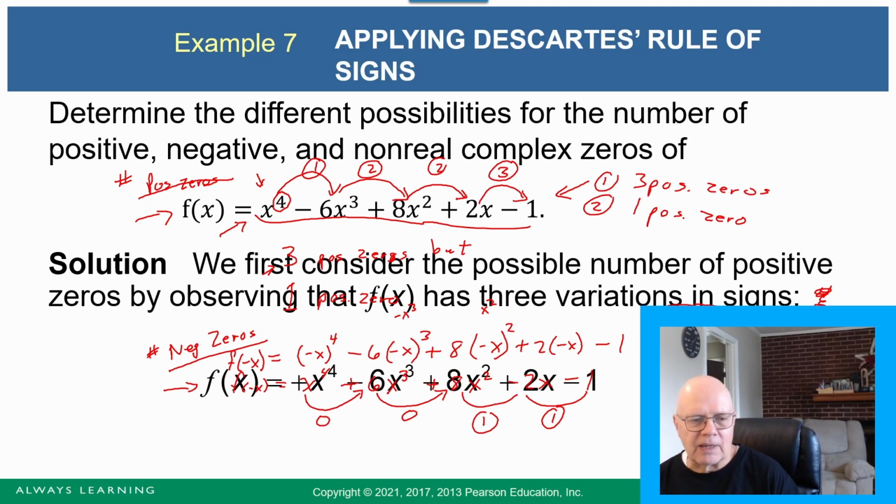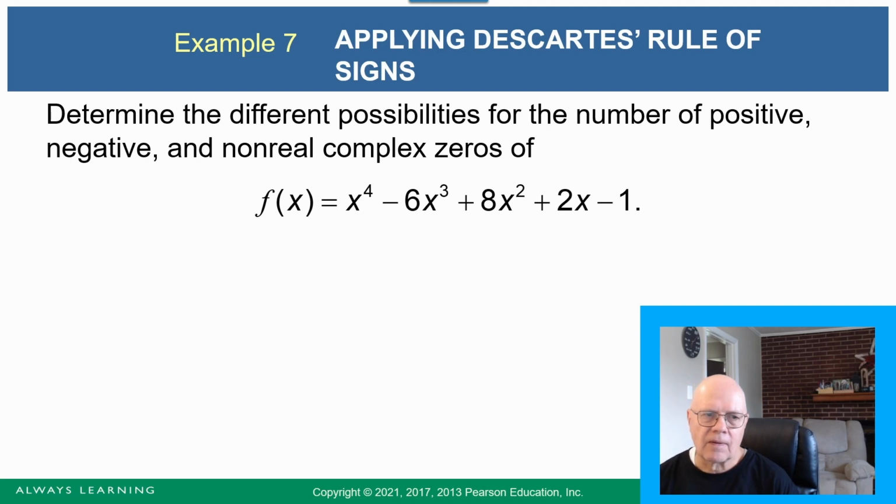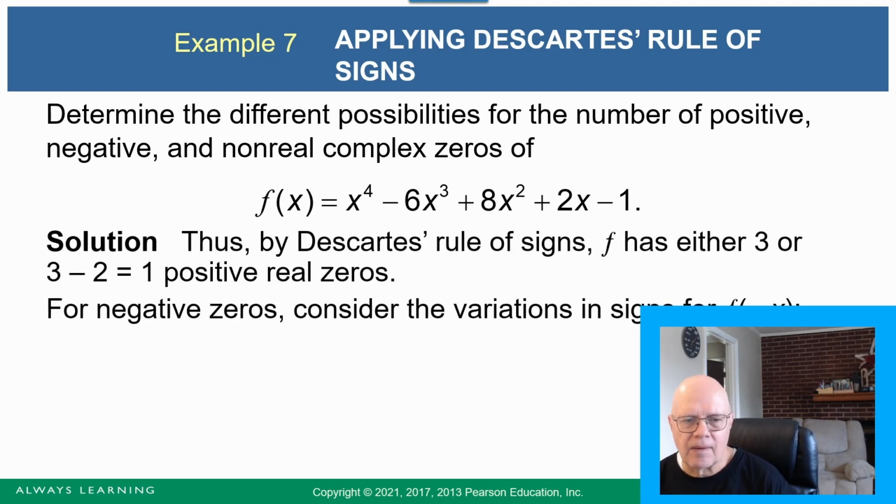So, what are the possibilities? Oh, they're finishing that up for us. We already did that. Let's move on here. There we go. And what do we have? For positive real zeros, it's either 3 of them or 1 of them.